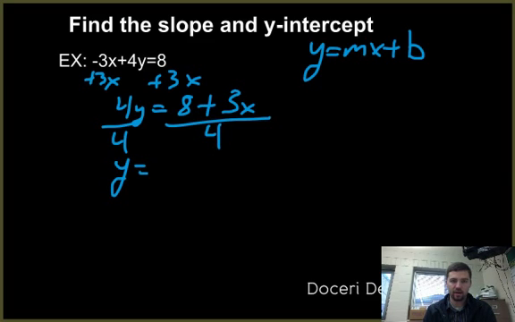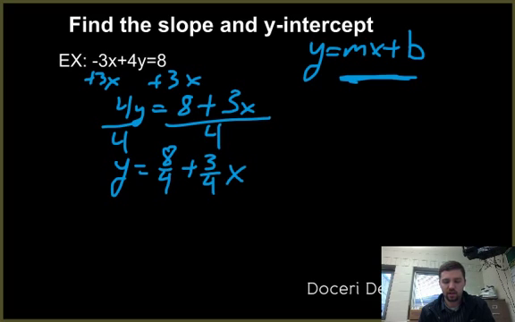Then y equals, now I'm going to break this fraction up into two parts, because y equals mx plus b is not one expression divided by some number. It's two individual terms. So we could rewrite this as 8 over 4 plus 3 over 4 times x. We could have written 3x over 4; 3 over 4 times x is the same thing.